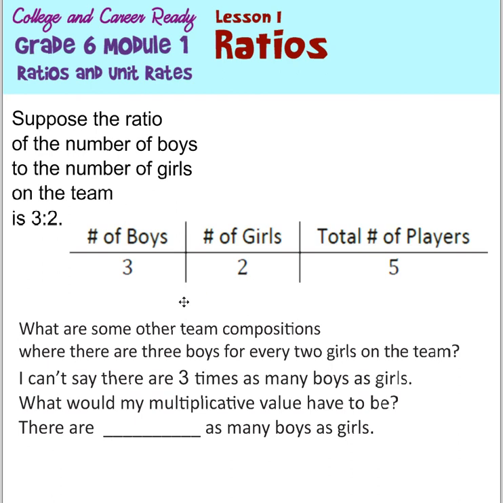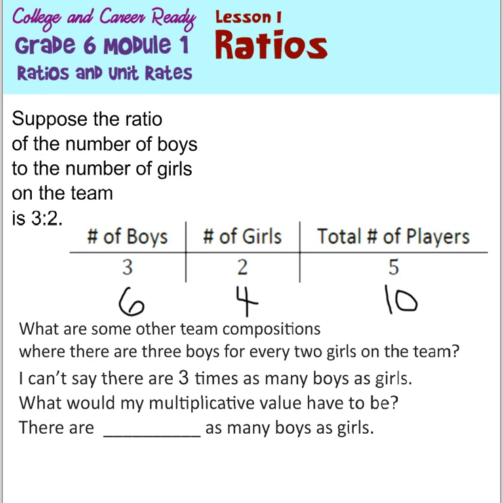So you could continue your table here and say, okay, well, if there are 4 girls, then there would be 6 boys, and that would give us 10 players. Keep on going and you could find other compositions.